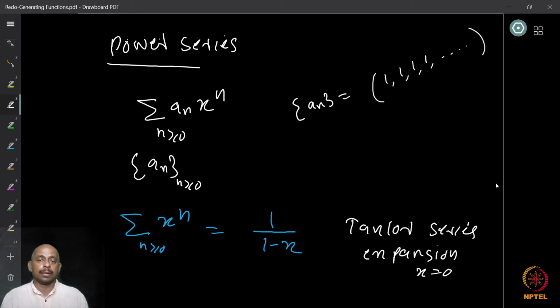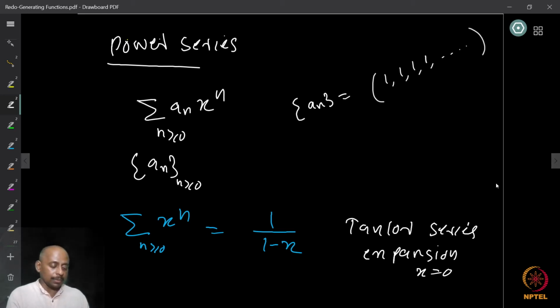It's not a set. So if all the constants are 1, then we have summation x raised to n, and we know that this series converges to 1 over 1 minus x whenever mod x is less than 1.